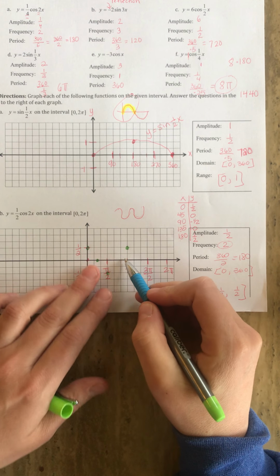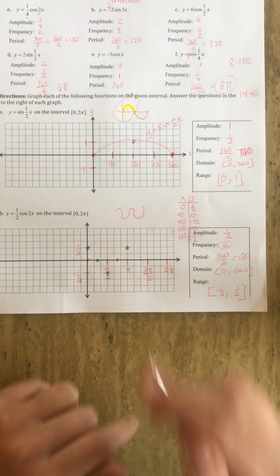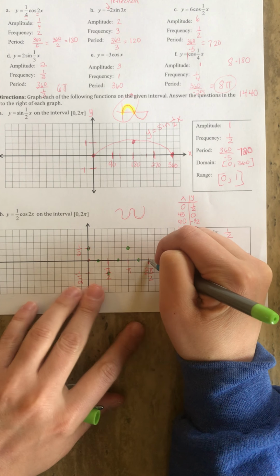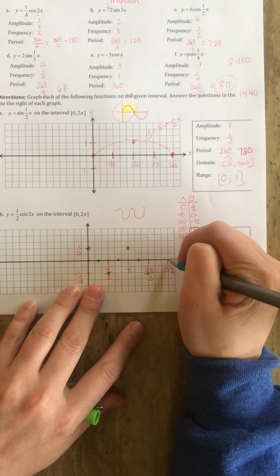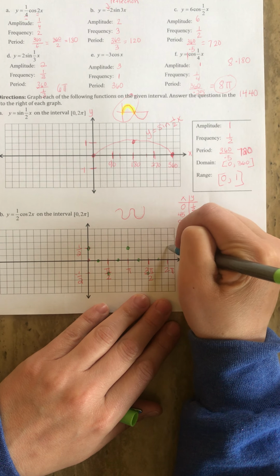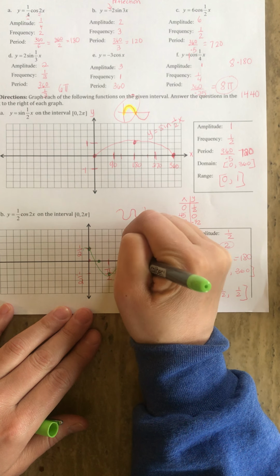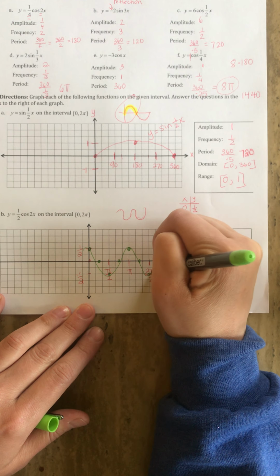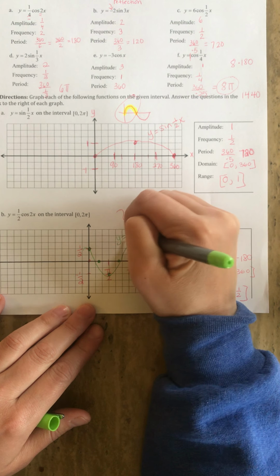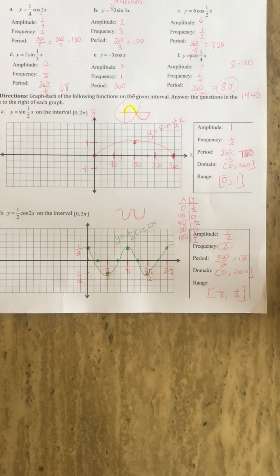And at 135, in between here, you're going to go back up to 0. And then you're going to do the same thing here: 0, -1/2, back to 0, to +1/2. And that'll give you your 2 cycles from 0 to 360. So you will have y is equal to 1/2 cosine 2x.